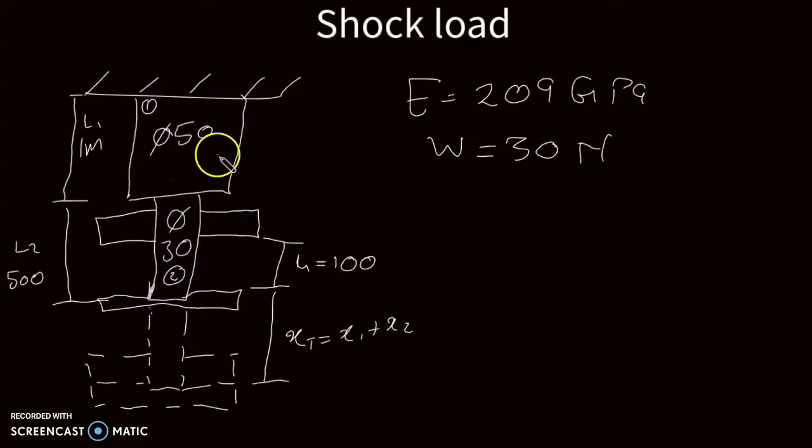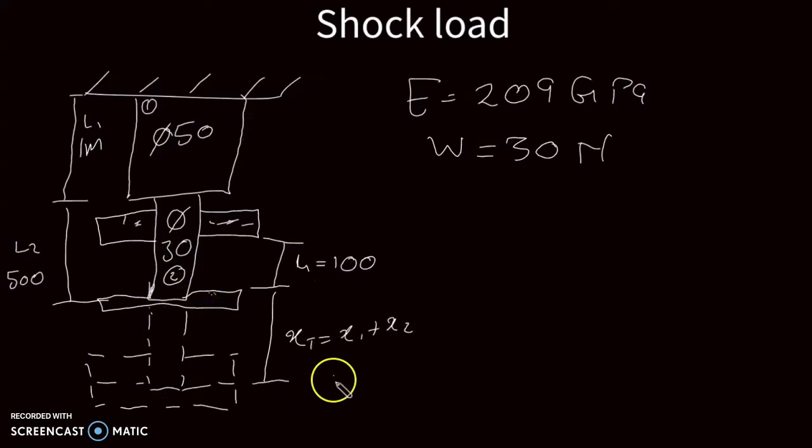Notice that now we are having an object with two cross-sectional areas. We're having this labeled number 1 and with a diameter of 50. And then we have number 2 with a diameter of 80. The object that is falling is this object, and it will fall to this collar, and then it will cause this strain.